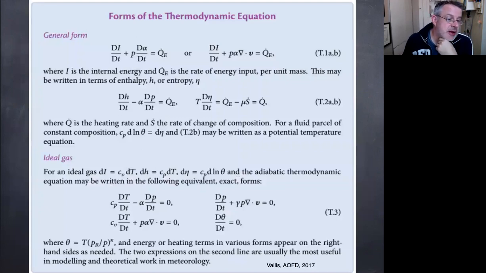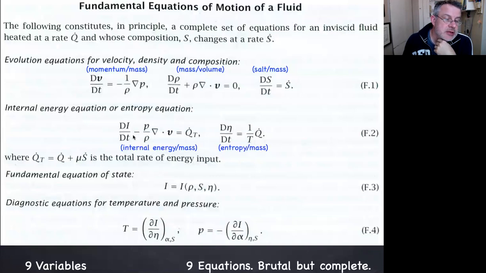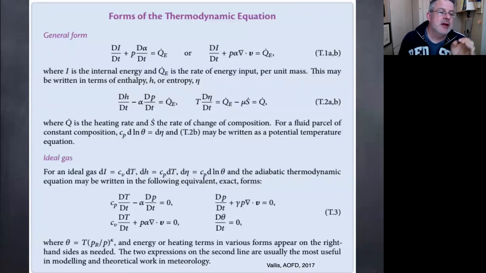So we said before that we could have done either the internal energy equation or the entropy equation. The story is even more fiddly than that. But let's write the energy equation and the entropy equation in a slightly different form and talk our way through. The energy is conserved following the fluid parcel, where alpha is the specific volume, 1 over rho, just the inverse of the density itself.